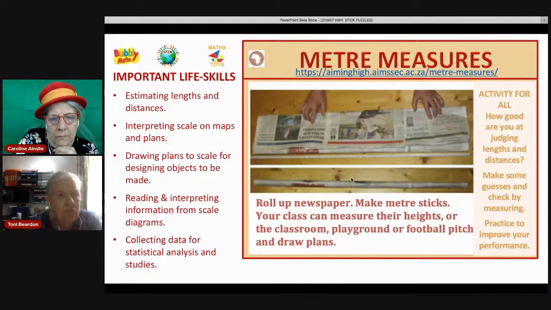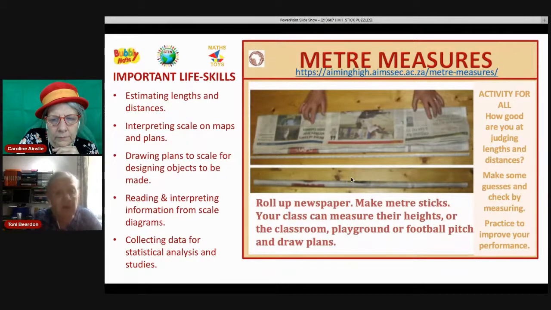But it's really useful to be able to interpret scale on maps and plans. So often we draw a plan of something. It might be a rough plan, or it might be a quite carefully drawn plan.